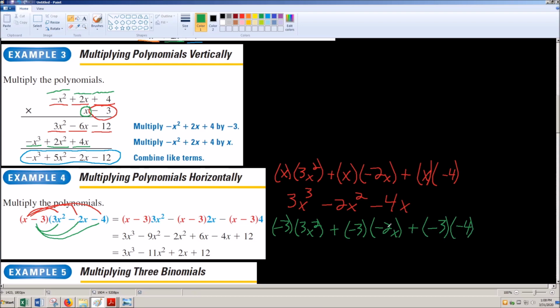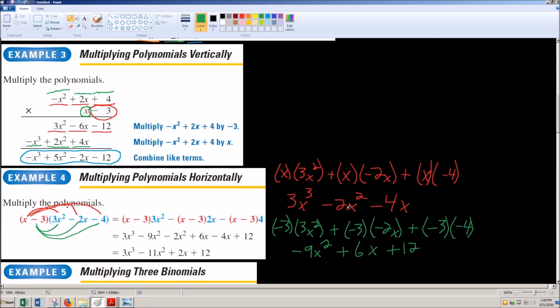So the reason I'm just writing this below is I've just run out of space horizontally. So I'm going to simplify this. So this is negative 9x squared plus 6x plus 12. The negative and the negative cancel off here.